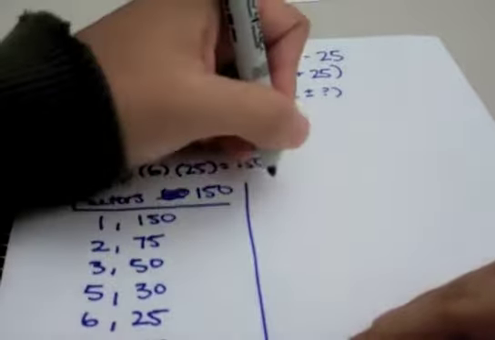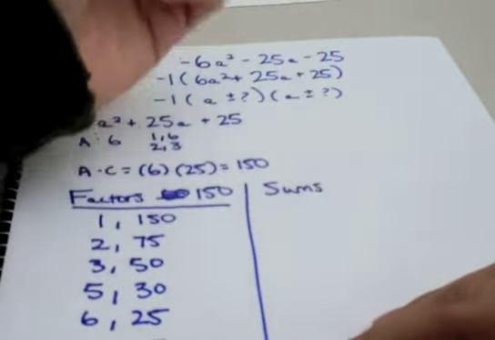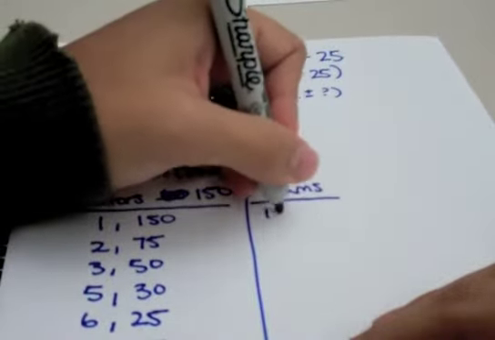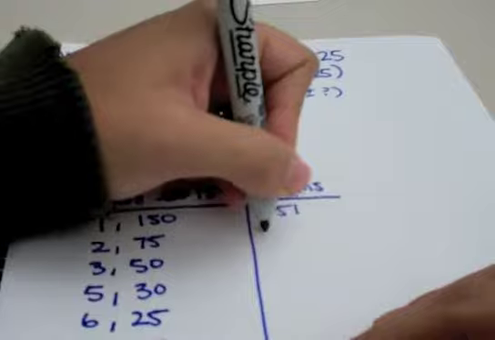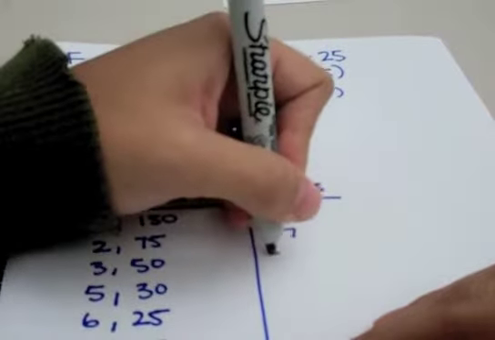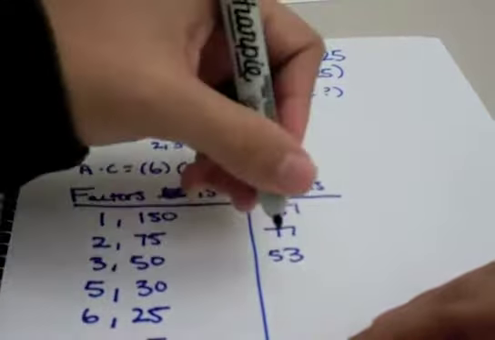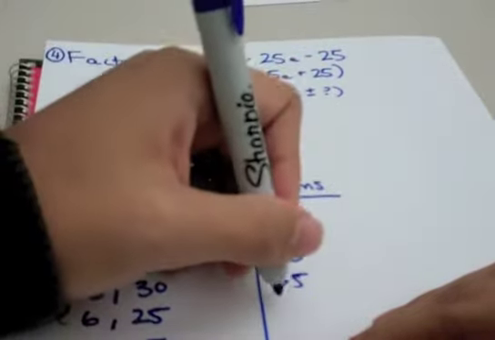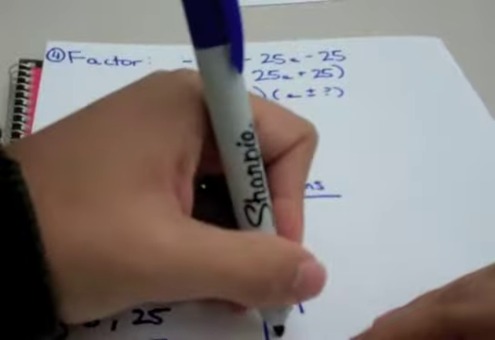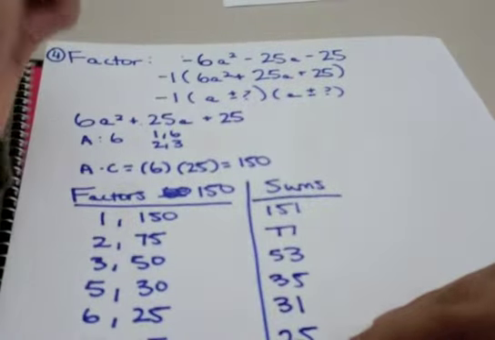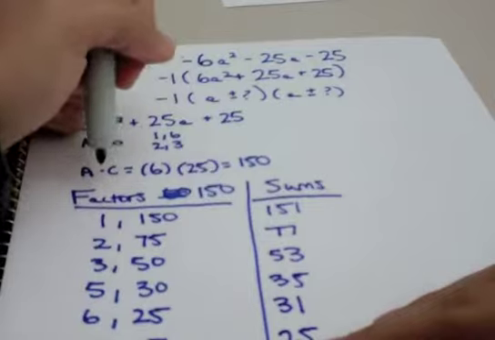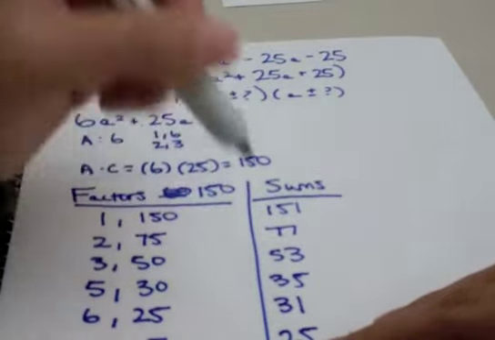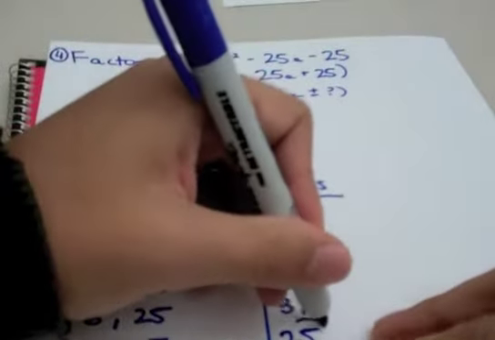So let's calculate the sums. 1 plus 150 is 151, 2 plus 75 is 77, 3 plus 50 is 53, 30 plus 5 is 35, 6 plus 25 is 31, 10 plus 15 is 25. And 25 is what we were looking for because it's a pair that multiplies to 150, which is what we needed, and adds to 25, which is also what we needed.